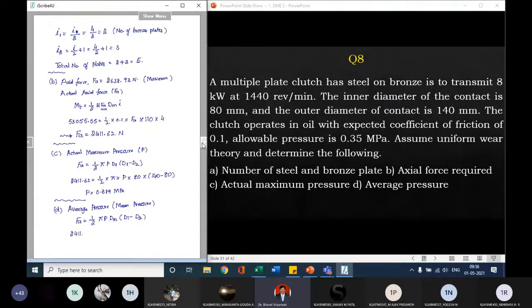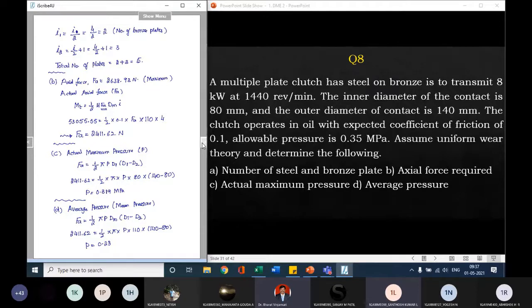So 2411.62 is equal to half pi P. What is the DM? 110 multiplied by 140 minus 80. What is the value of P now? 0.23. 3.08 into 10 power minus 5. Sir, it should be D2 minus D1, no, sir.